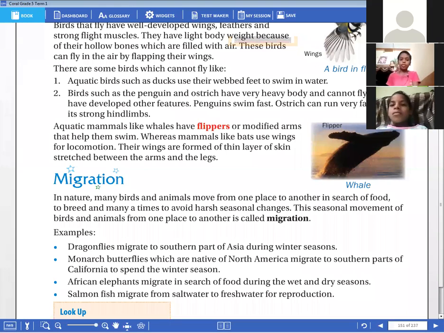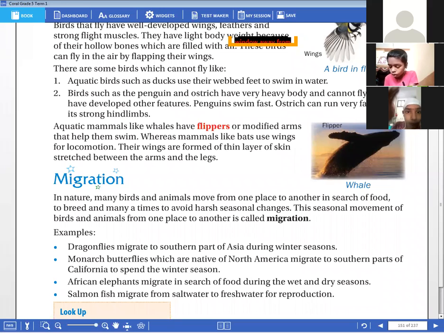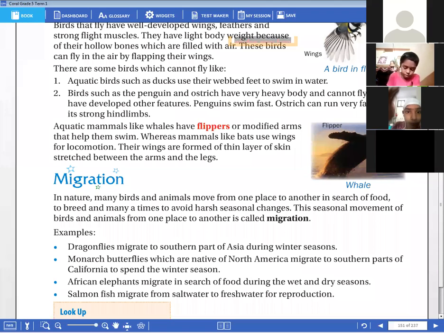See children, in the first two examples we saw dragonflies and butterflies migrating based on the winter season. But here African elephants migrate in search of food during wet and dry seasons. Wet is nothing but the rainy season and dry season is nothing but the summer season, I think.